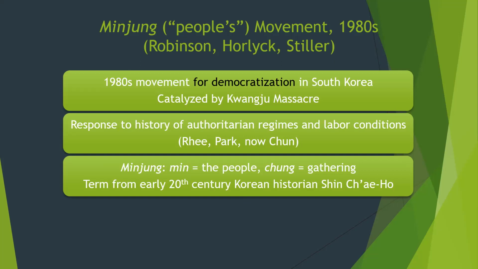It's a very loaded term that has a very long history, much longer than this, from the early 20th century. So don't get too focused on what it means exactly. Just say Minjung or people. I think peoples is fine enough. I prefer not common people, even though I know that's what Charlotte Horlick says in her reading, because it's not just the common people that they're referring to here.